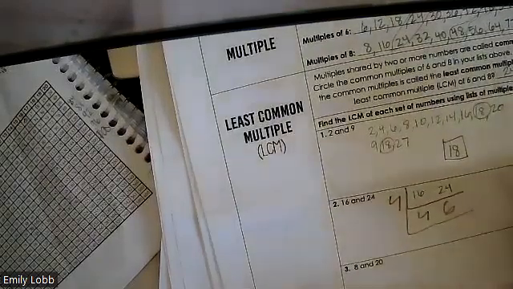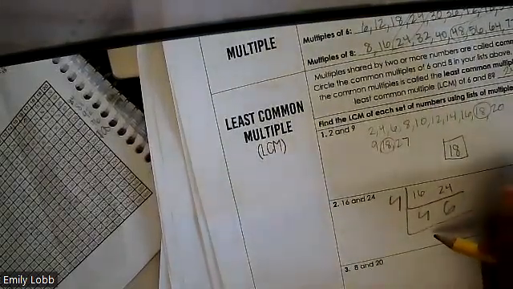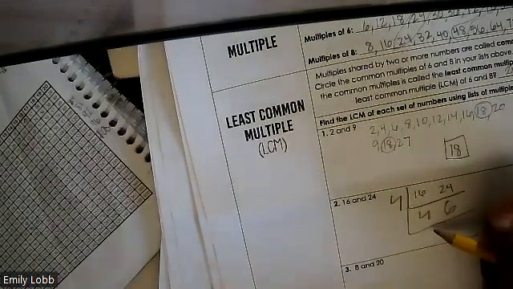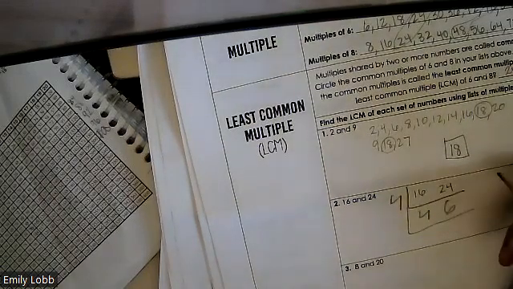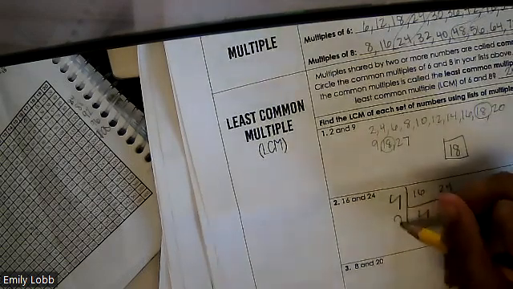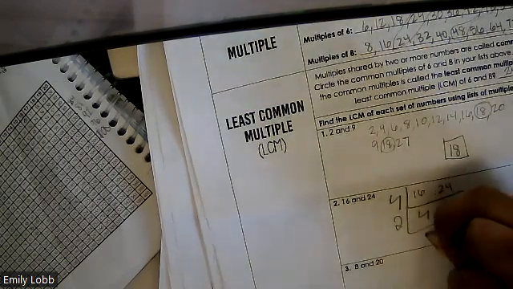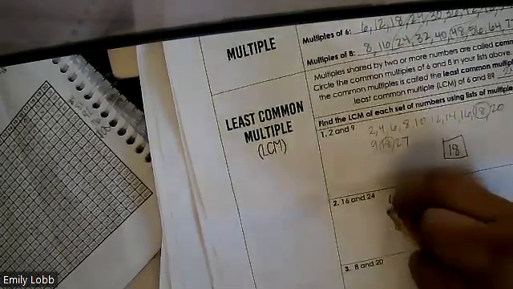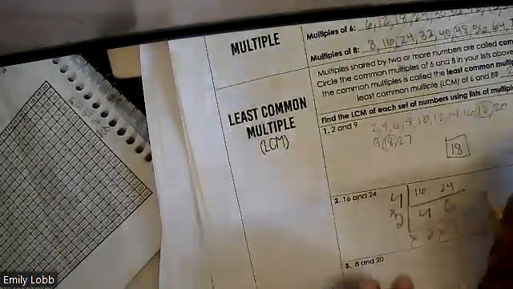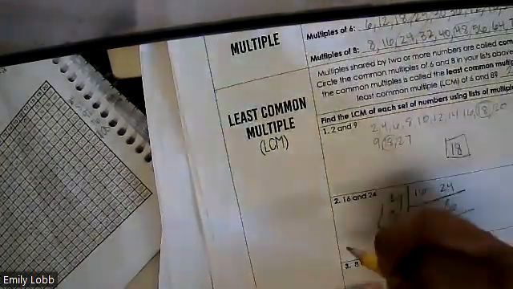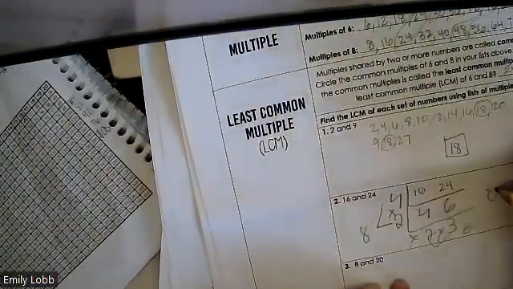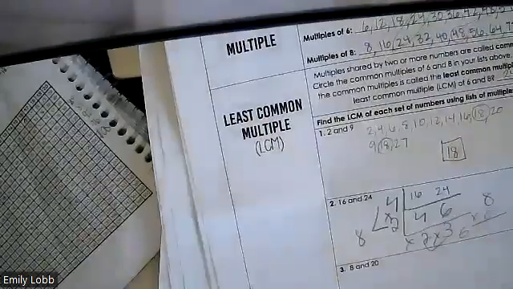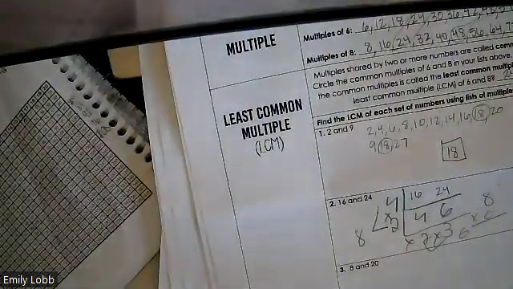So then 4. 2 comes out of 4 and 6. So that is 2 and 3 and then nothing else. So then you times all these together. So that's 4, 8, and then 6, so then 8 times 6. I don't know what 8 times 6 is. 48.